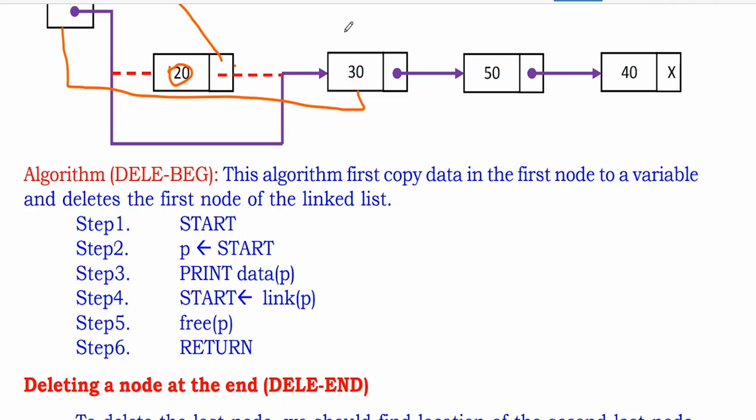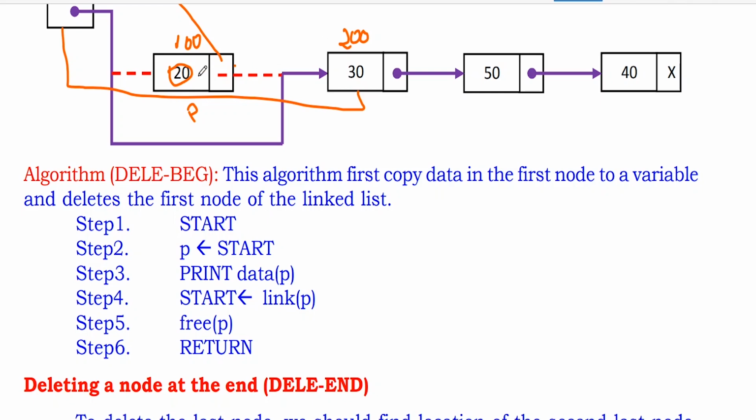Say it is 200, and this is 100. So start was 100, p becomes 100. You can see here both are the address 100. Next, after displaying the data, start is equal to link of p. What is the link of p?